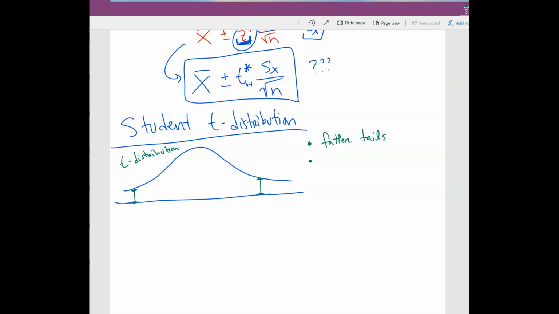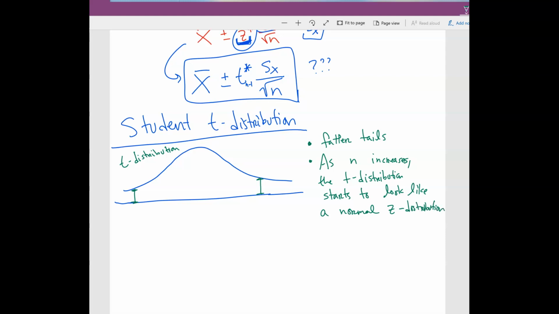That's one thing. Another thing is that as n increases, the t distribution starts to look like a z distribution, a standard normal.